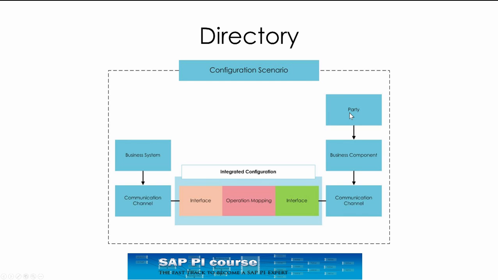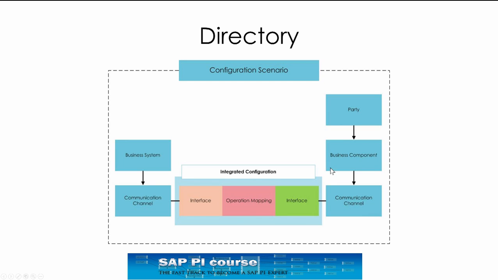Obviously, no fancy thing around this. It's quite boring. But it's a way you can group companies together. So if you're doing a lot of B2B, you would have one party for UPS, you would have one for DHL or whatever. So these would be your different partners you are communicating with.